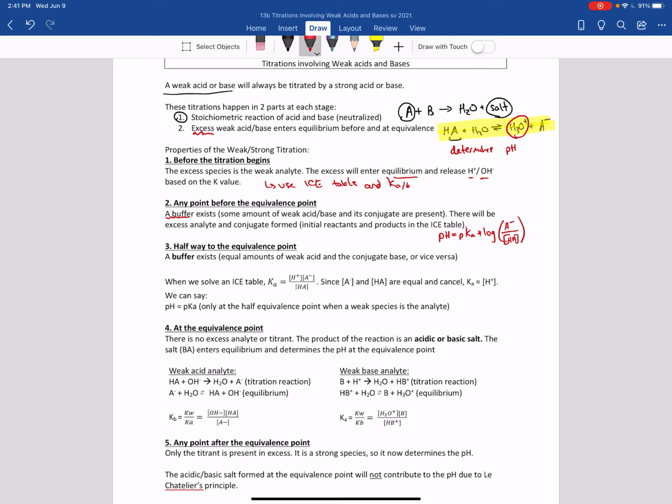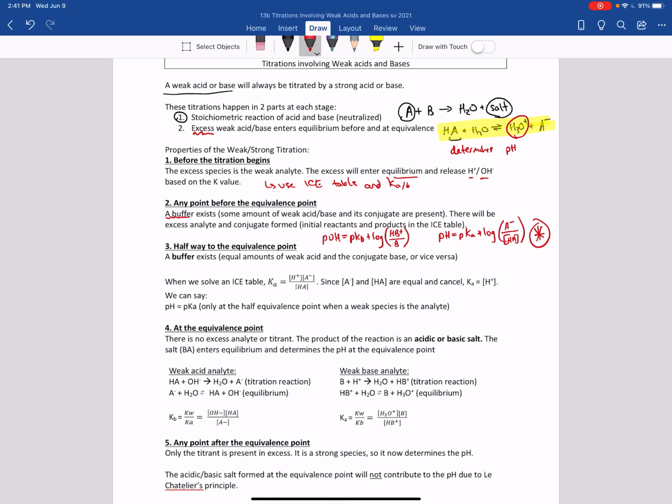For bases, it would be the opposite. It would be pKb plus the log of the conjugate over the base. And those are the concentrations of those substances. So those are important points.